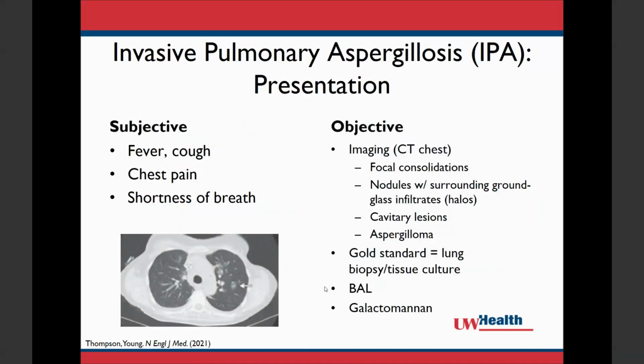On CT, you may see focal consolidations or nodules with halos, the surrounding ground glass infiltrates. Also, cavitary lesions is another buzzword that may lead you to think Aspergillus. And then aspergillomas are like a big fungus ball that can be seen in immunocompromised patients. And then we can use a BAL to collect a culture for fungal species, and also galactomannans in the serum or the BAL.